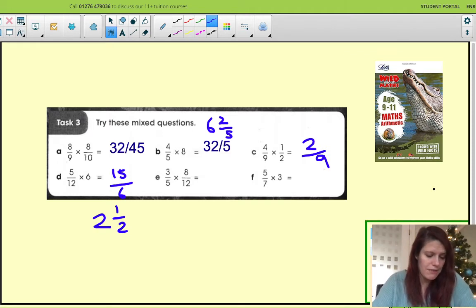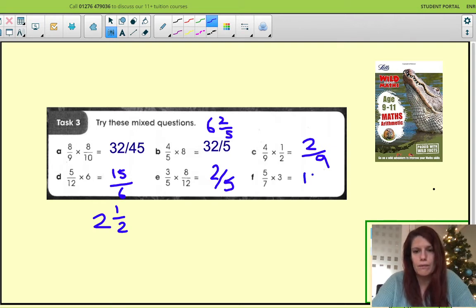E is 3 fifths times 8 twelfths. That actually gives us 2 fifths. And 5 sevenths times 3 is 15 sevenths, or, just write it there, 2 and 1/7.